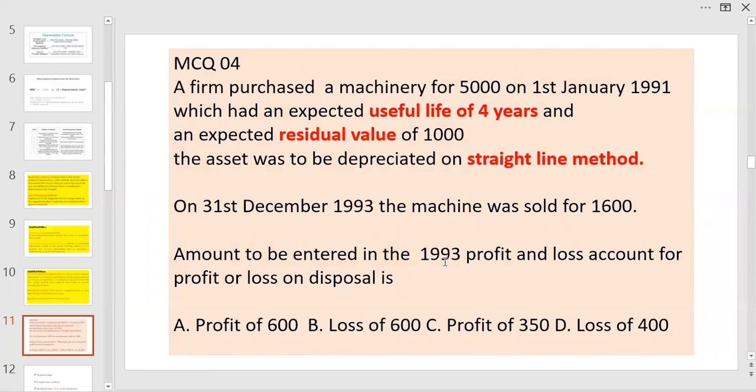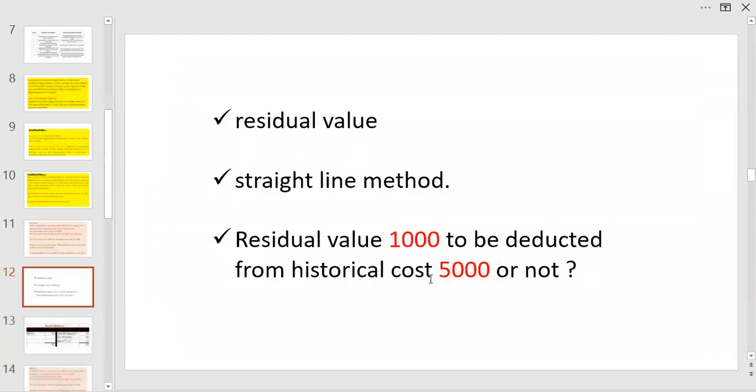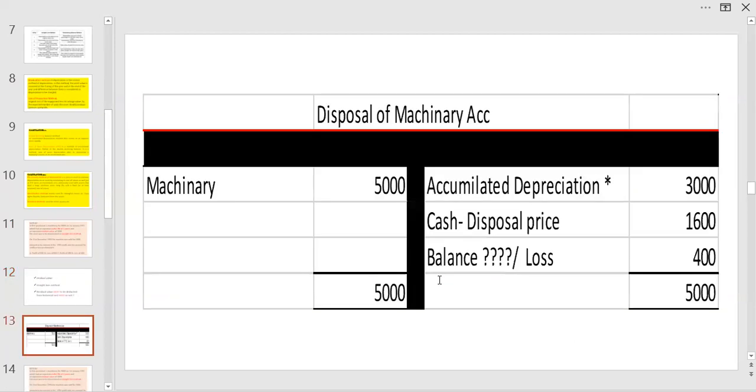The amount to be entered in the 1993 profit and loss account for the profit or loss on disposal is... 4 options are given. The cost of the asset is 5,000. After minusing residual value, it will be 4,000. Now the students will have to resolve whether the depreciation is provided for 5,000 or 4,000. Since it is straight line method, it will be 4,000 after the residual value.